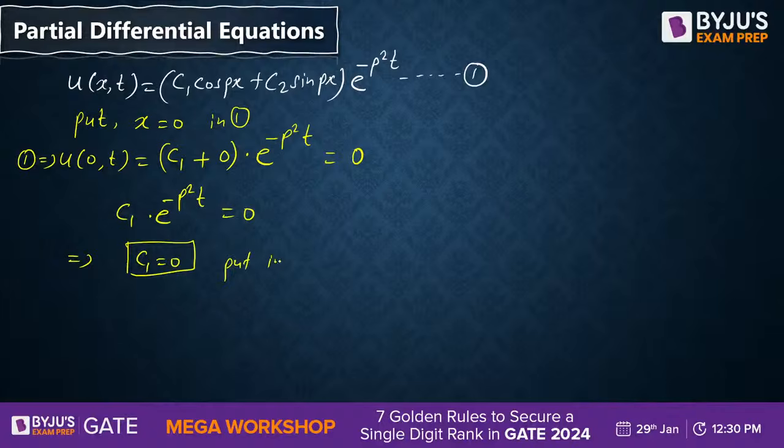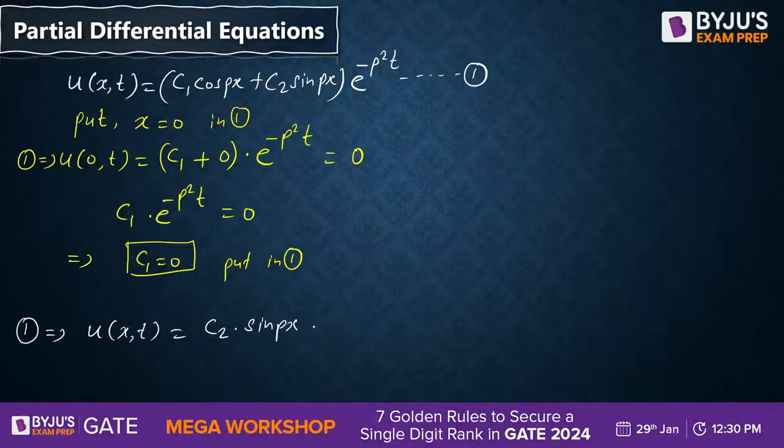Put this C1 in equation 1, and you will get a compact solution. C1 is 0, so the first term will vanish. You will get C2 sin px e to the power minus p square t. This is my equation number 2.